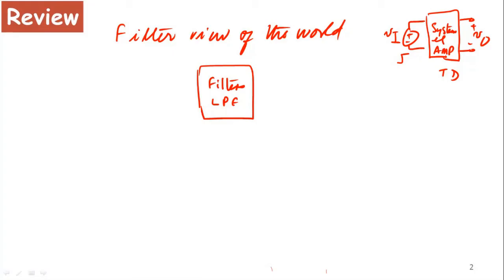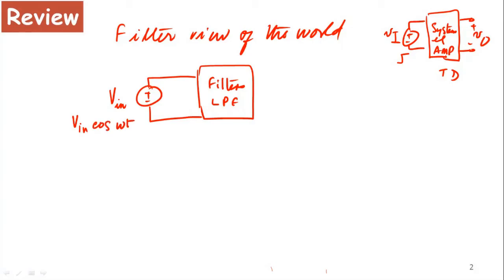Then we applied input signals, and in this case the input signals were represented by their complex amplitudes. As an example, I could have a V_in signal, which would be the real or complex amplitude of a sinusoid. So the example input signal might look something like V_in cosine omega t.